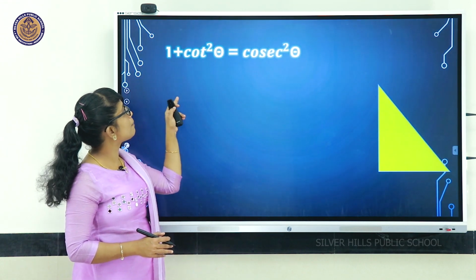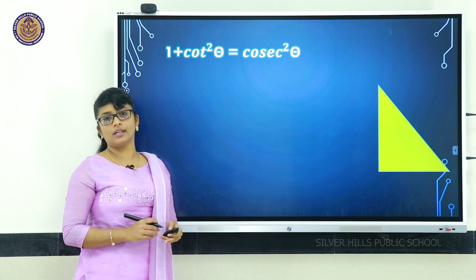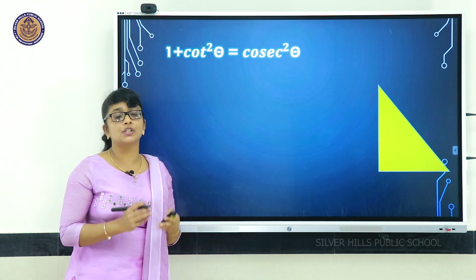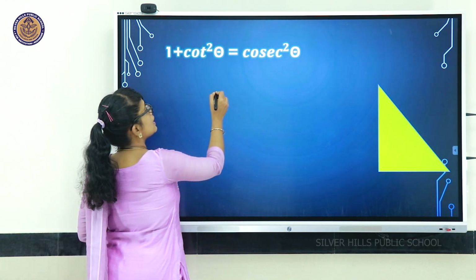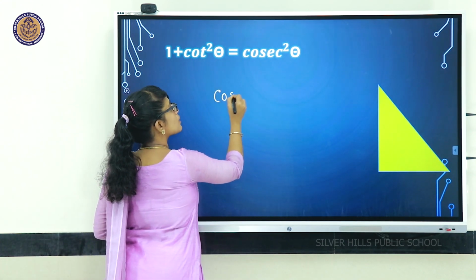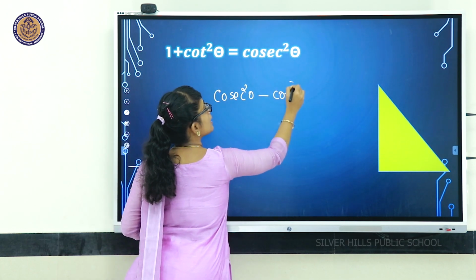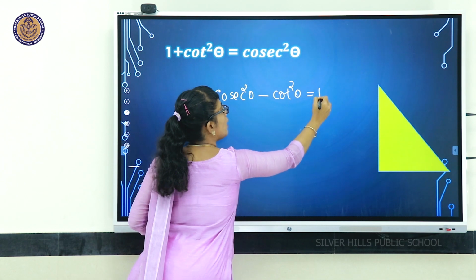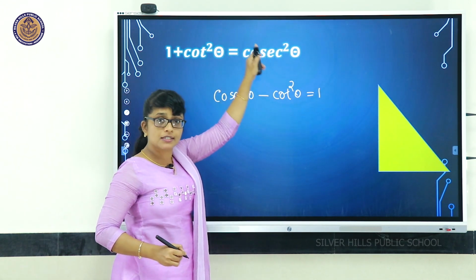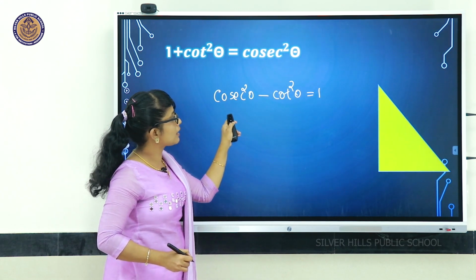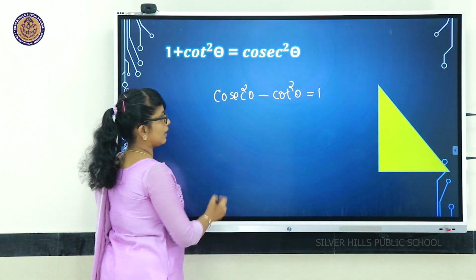that is 1 plus cot square theta equal to cosec square theta. From this identity also we can form many other sub-identities, that is cosec square theta minus cot square theta equal to 1. Cosec square theta, this cot square theta we are transposing, cosec square theta minus cot square theta equal to 1.